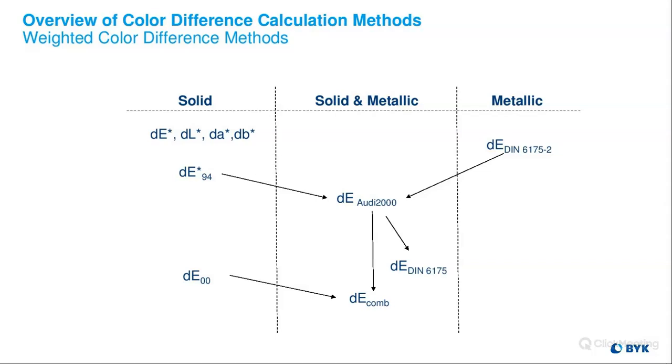And so the Delta Audi is based on the metallic, which is Delta E DIN 61752, plus Delta E94 for solids, and that gives you the Delta Audi equation. And then for our Delta combined equation, we use the Delta Audi equation for metallic colors and mica colors, and then we use Delta 2000 for the solid colors.